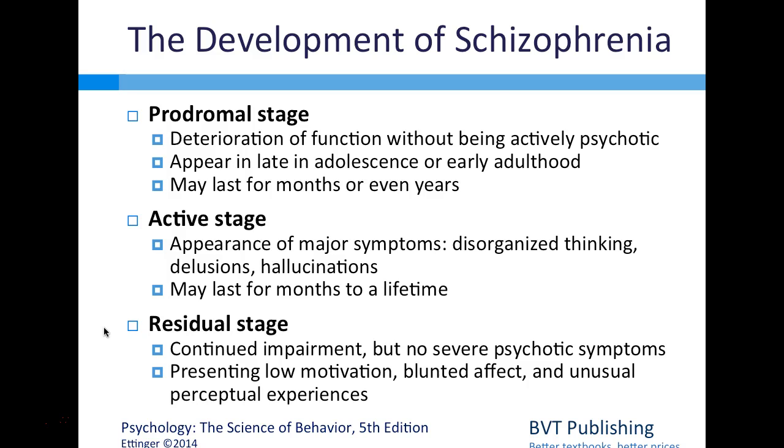Then it moves to the active stage. This is the appearance of major symptoms. So disorganized thinking, delusions, and hallucinations show up. And this may last for months to a lifetime. And then there's the residual stage. This is continued impairment, but no severe psychotic symptoms. It presents with low motivation, blunted affect, and unusual perceptual experiences.